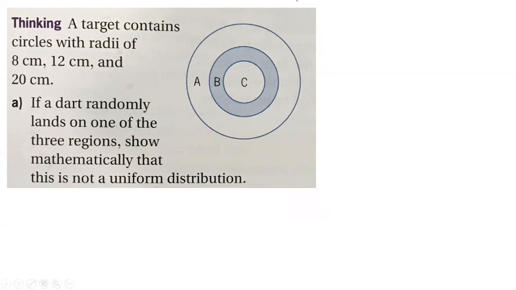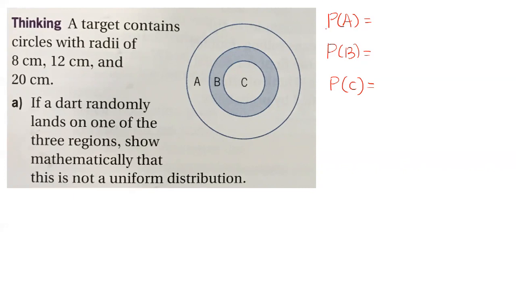So you need to calculate the probability of landing on A, the probability of landing on B, and the probability of landing on C, right? If we can find that any two are not equal, then it is not a uniform distribution, right?